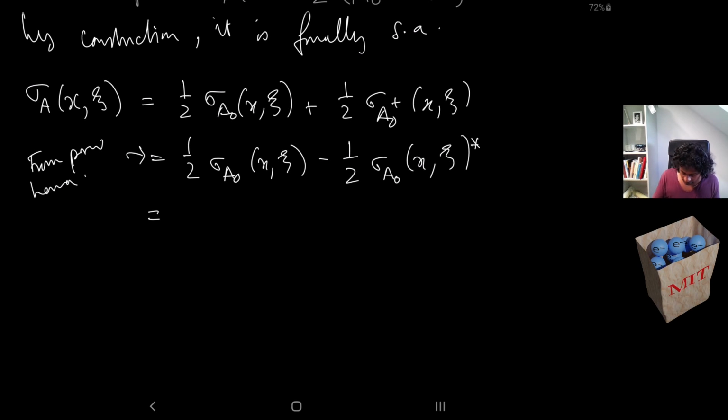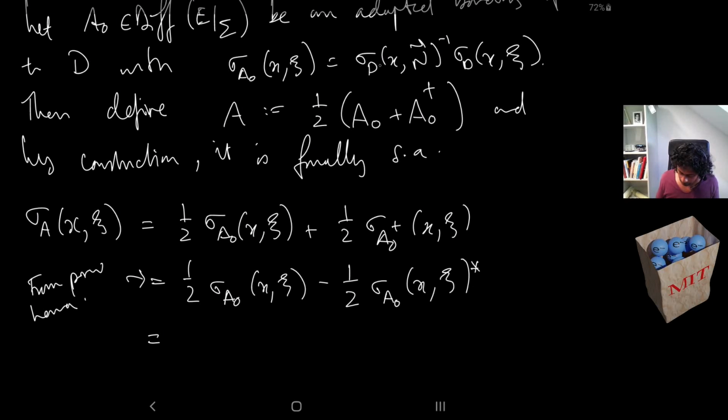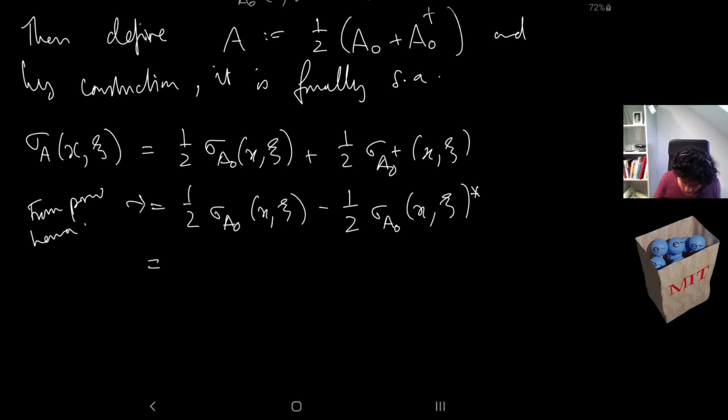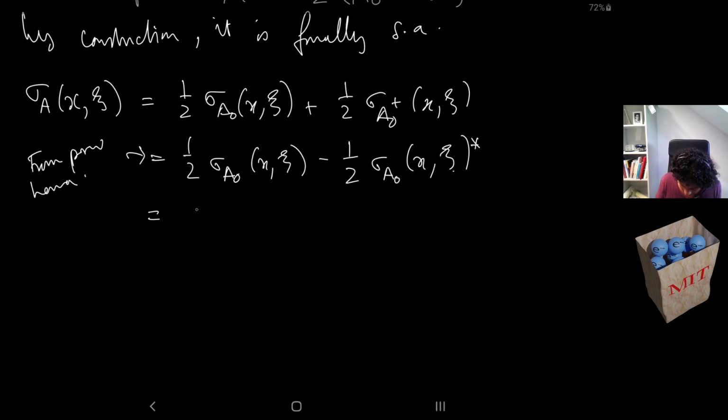By what we've just computed, because our principal symbol we've fixed to be exactly the one induced from the normal vector, this part is just equal to plus A naught xi.